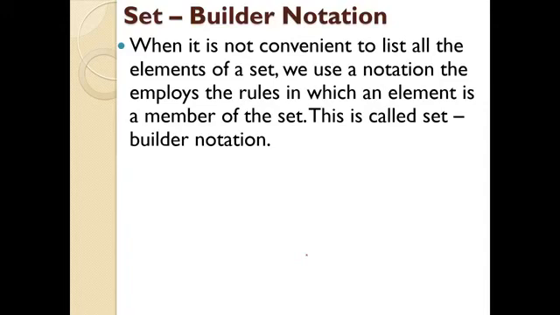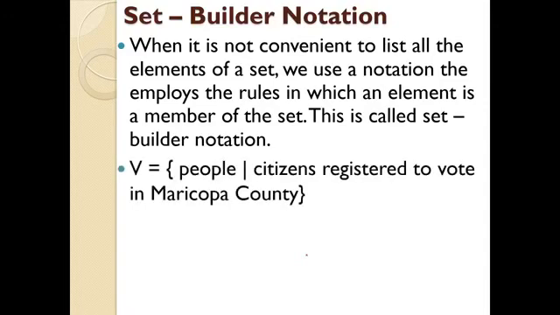This is called a set builder notation. For example, set V is a set of people such that they are citizens registered to vote in Maricopa County.